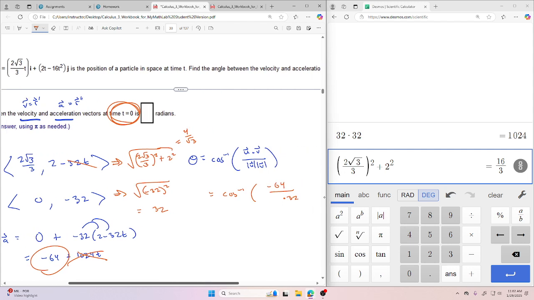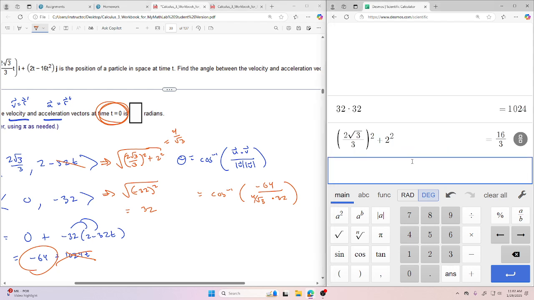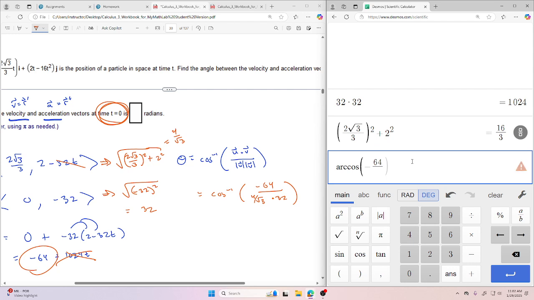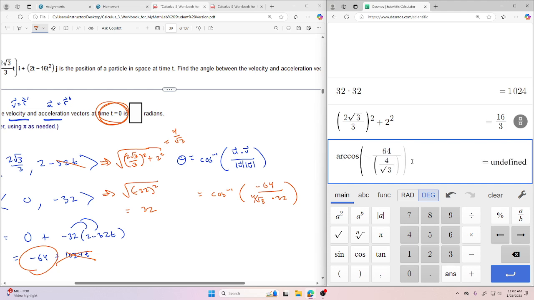And that's what I'm going to put in my formula here. Arc cosine. Let's see if I can get the right answer finally. 4 over square root of 3. Oh, well, that's nice.